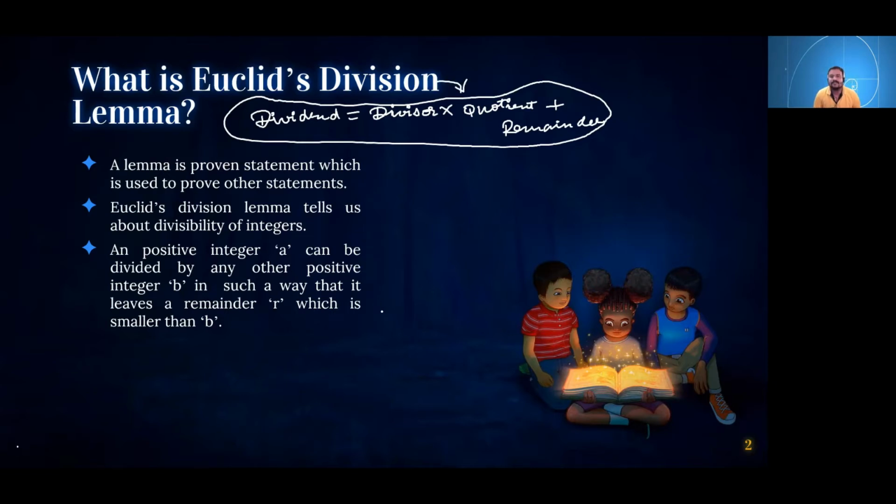Now, what is the use of this Euclid's division lemma? Why are we studying this? Why is it given in our syllabus? To find HCF, correct. Euclid's division lemma or Euclid's division algorithm is mainly used to find HCF.